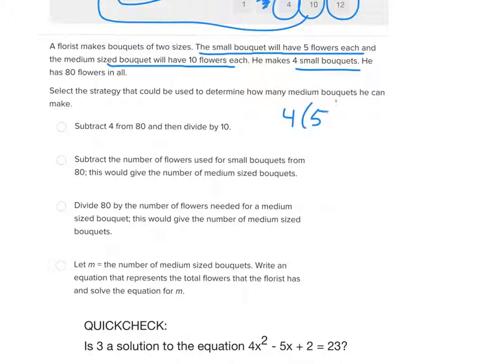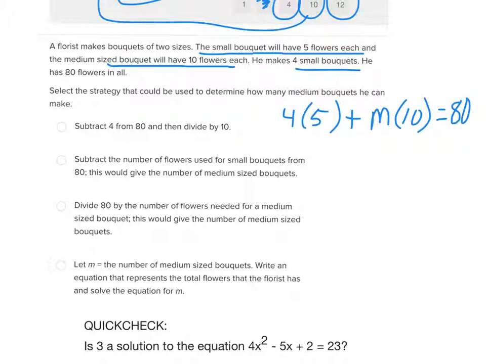That's for the small ones. The mediums, he's going to take the number of medium ones and he's going to multiply that times 10. And it's got to equal 80.